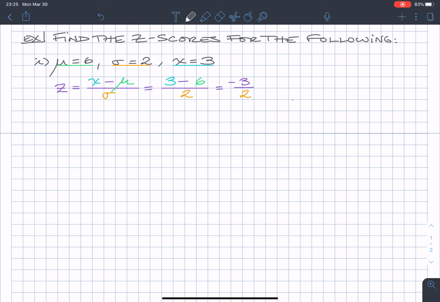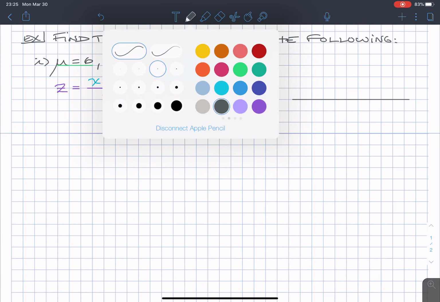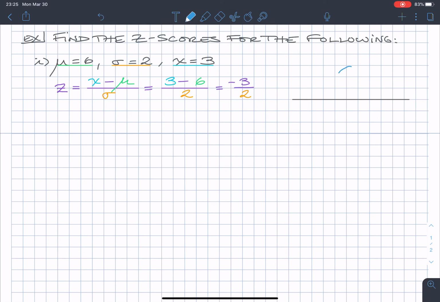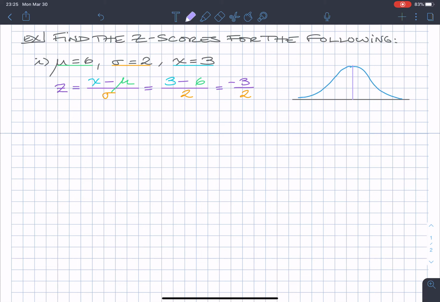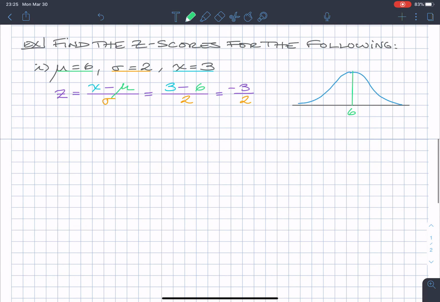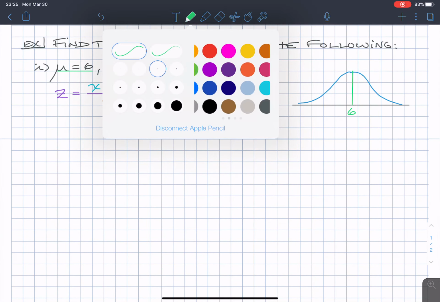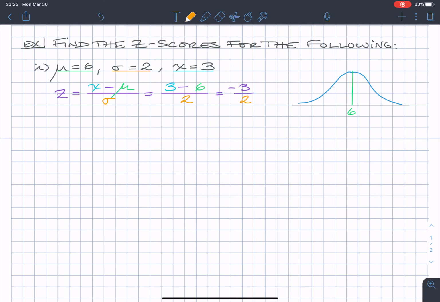Okay, so if I have a normal distribution, something like so, and my average, what is the population average or mean here? Well, I probably should have color-coded it. It's green. Population mean is 6. I know my population standard deviation is 2. So that means that this must be 4 because I'm 2 away.